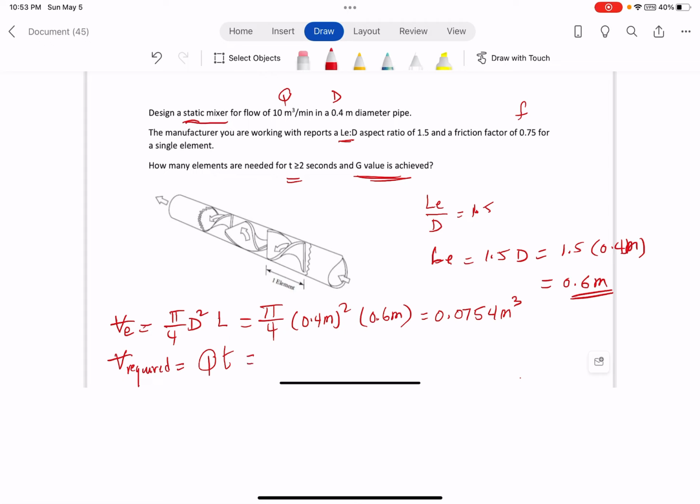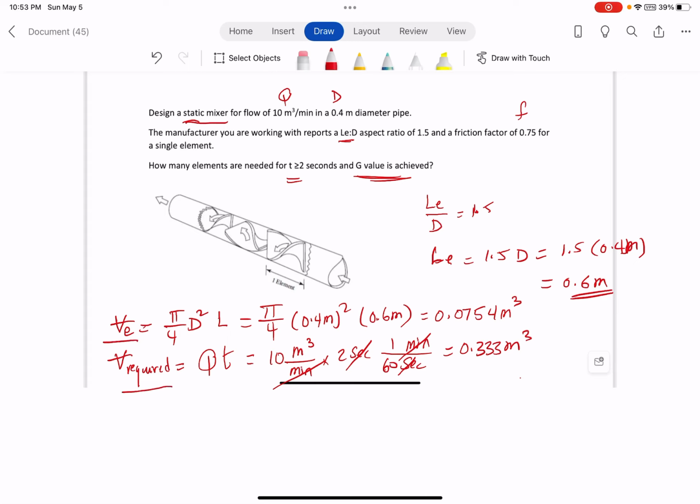Q is 10 meter cubed per minute. We should change the seconds to minutes: 1 minute is 60 seconds. Minute with minute, you'll end up with meter cubed. This is the total volume, and it gives you 0.333 meter cubed.